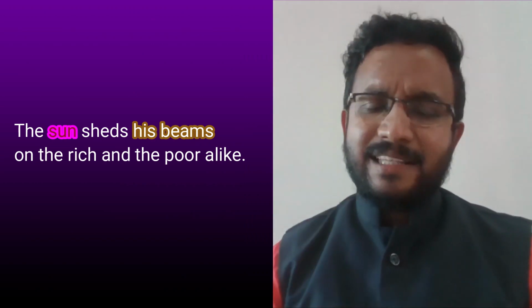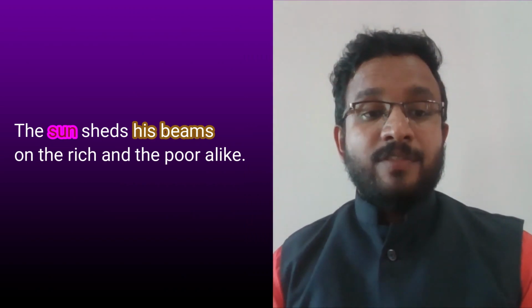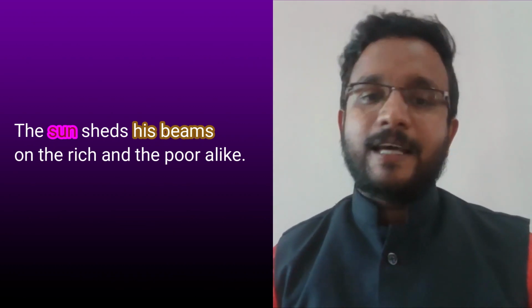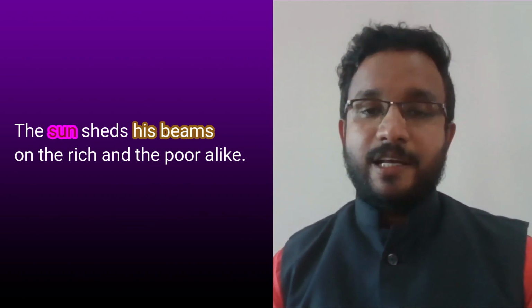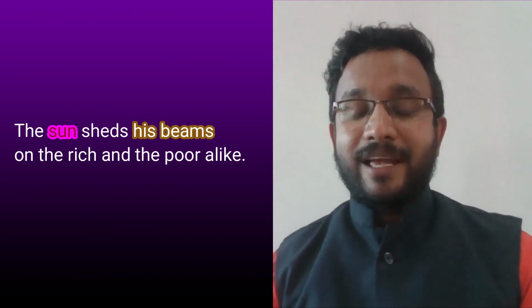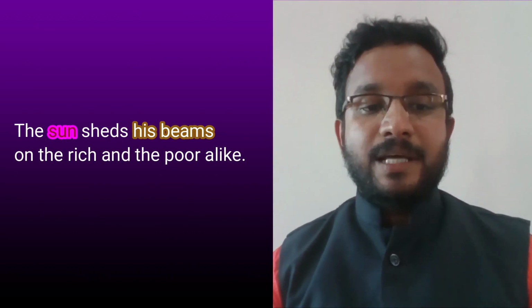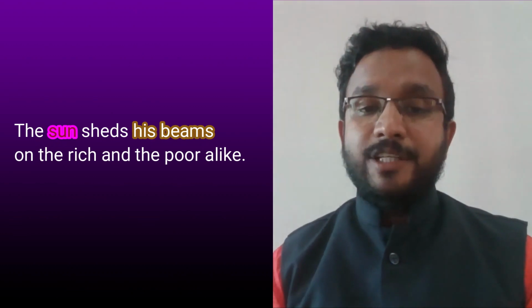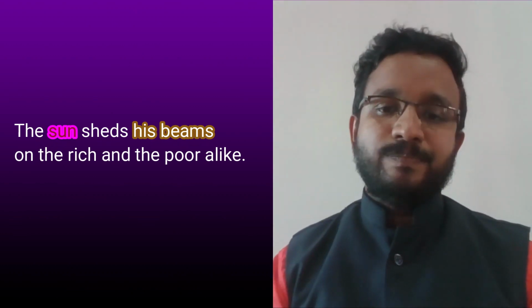Now let us take a sentence and study it. The sun sheds his beam on the rich and the poor alike. In this particular sentence, the sun is personified as the masculine gender. That is why it is used, his beam.